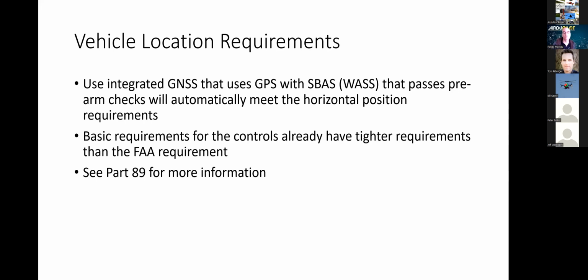Yeah. So we have a whole lot of pre-arm checks that apply when you're flying in semi-autonomous modes like loiter, but you can bypass a lot of those by flying in alt hold, for example, where you're just controlling. So you don't need a GPS for that mode.